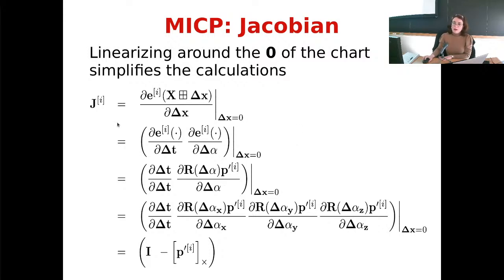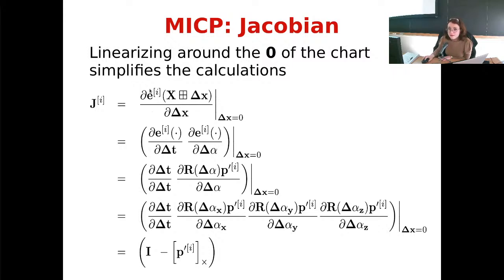As you have seen in the algorithm, the Jacobian that we need is the derivative of the error computed in x box plus delta x with respect to delta x, computed in delta x, which is the perturbation, equal to 0. Now, such Jacobian is as high as the error, which is three-dimensional, because again, measurements and then the error as a consequence belong to R3.